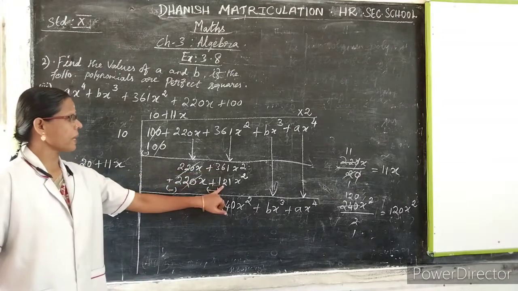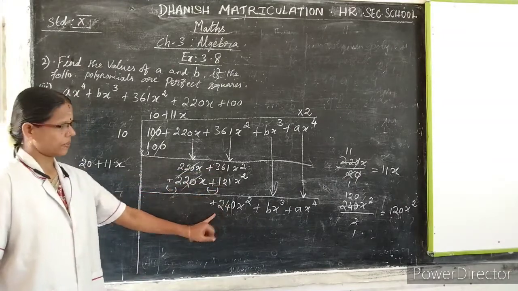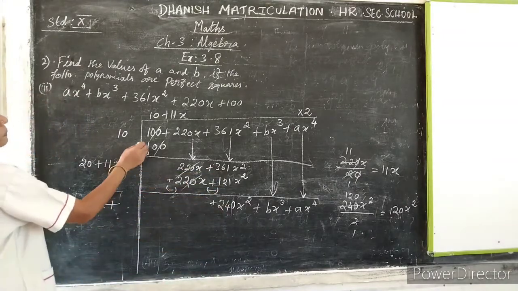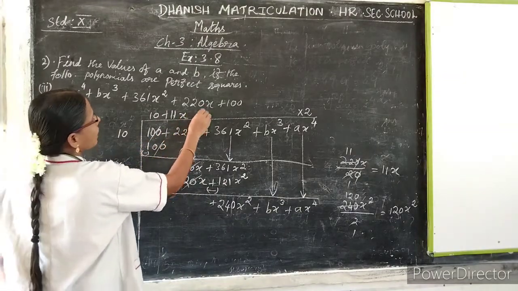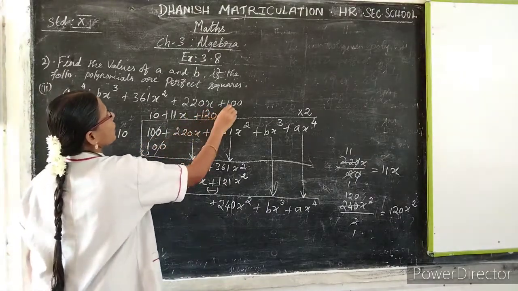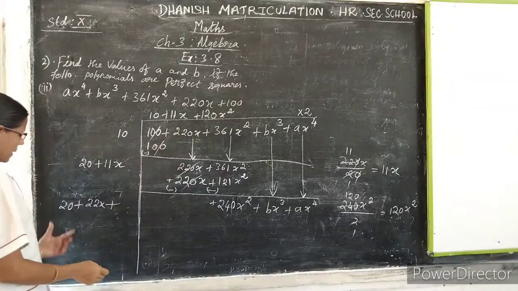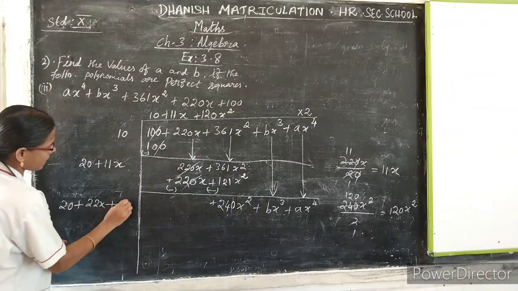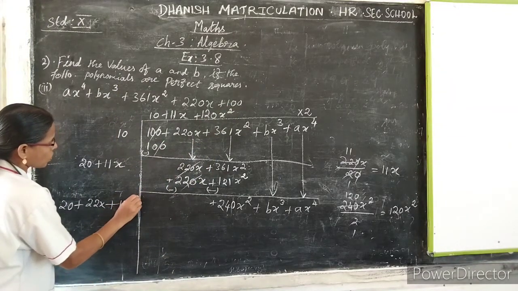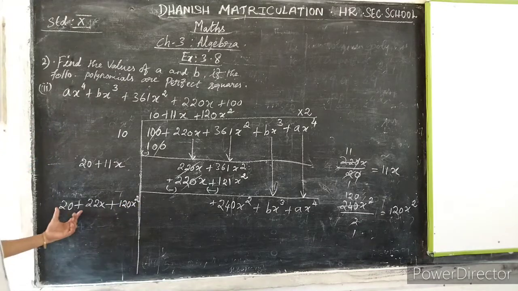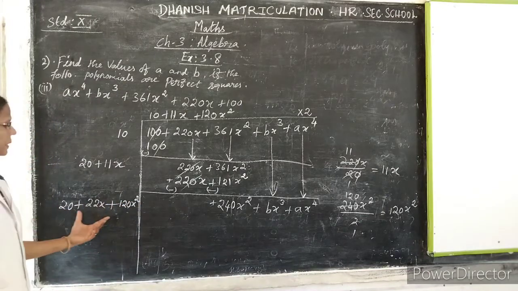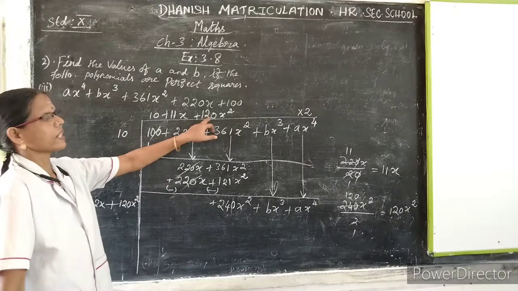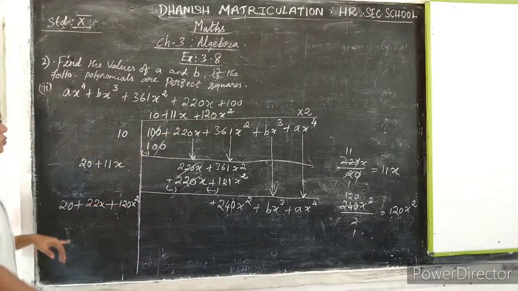Here 361 minus 121 is 240. So the quotient is plus 120x square. Now multiply. Here also write 120x square. This is the divisor with 3 terms. Multiply these 3 terms by this plus 120x square.